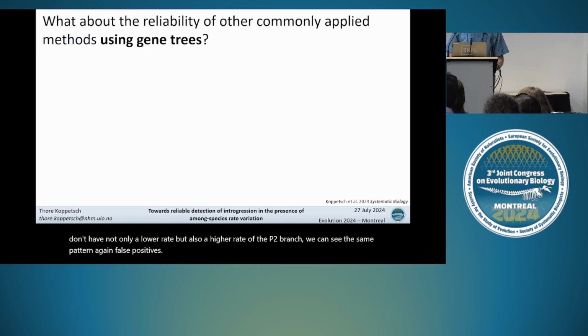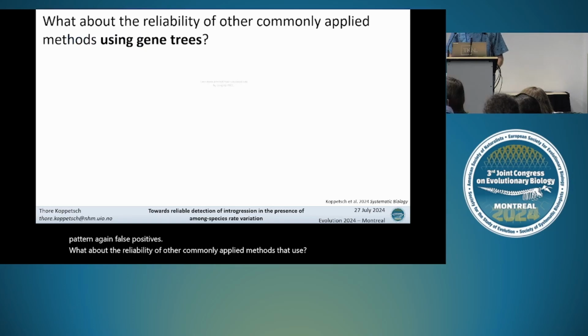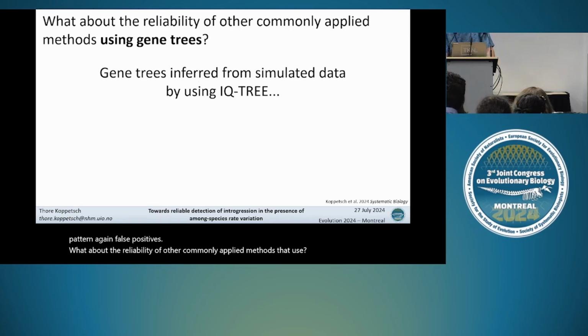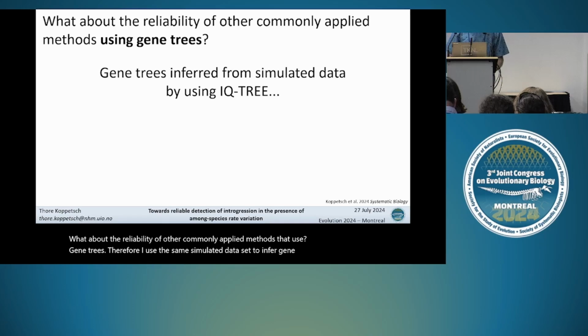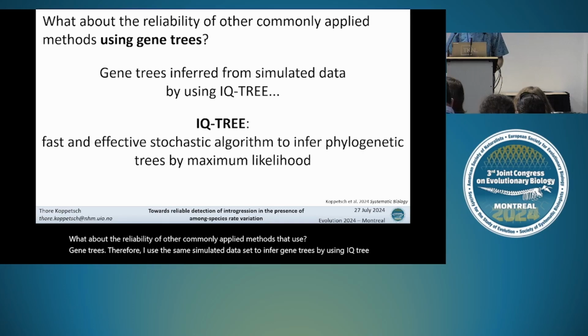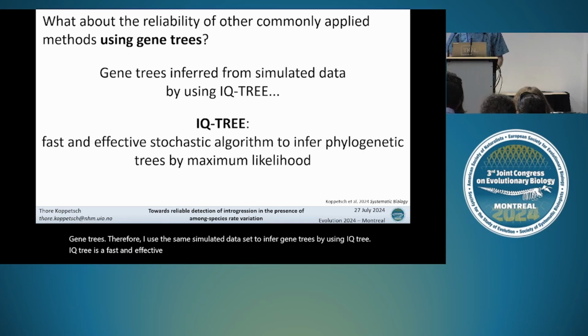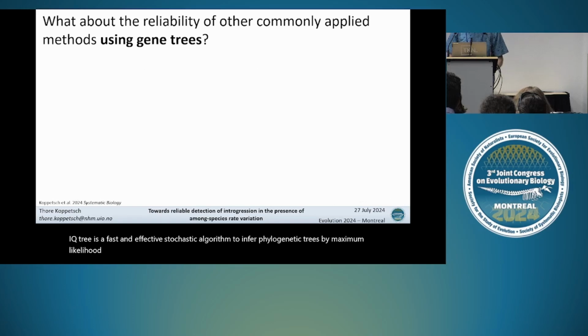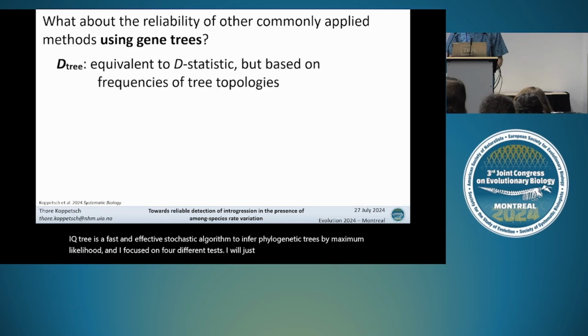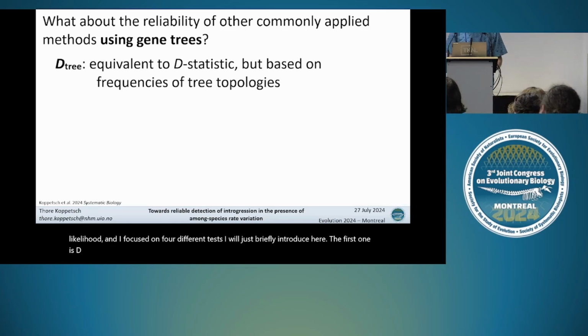What about the reliability of other commonly applied methods that use gene trees? Therefore, I used the same simulated data set to infer gene trees using IQ-TREE. IQ-TREE is a fast and effective stochastic algorithm to infer phylogenetic trees by maximum likelihood. And I focused on 4 different tests, which I will just briefly introduce here. The first one is D-tree, which is equivalent to the D-statistic, but based on frequencies of tree topologies.